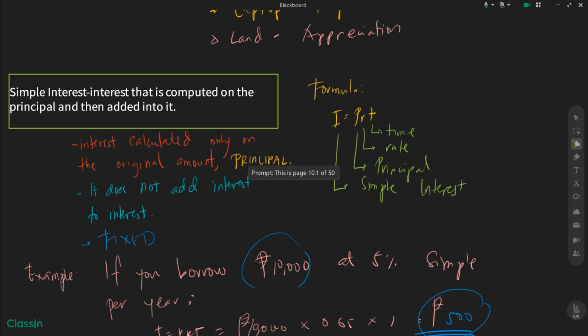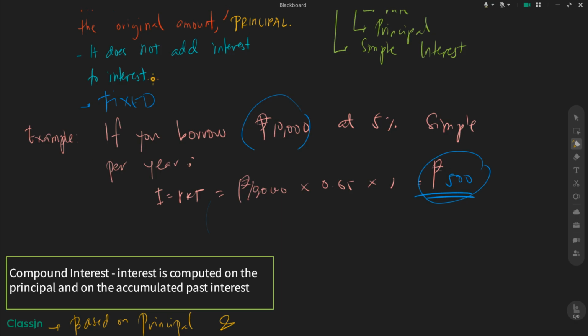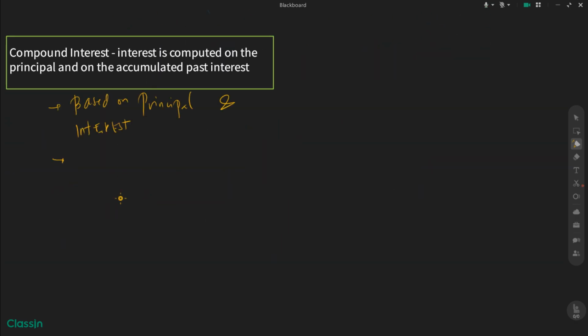So for simple interest, it does not add interest to interest. For compound interest, it adds interest from interest.